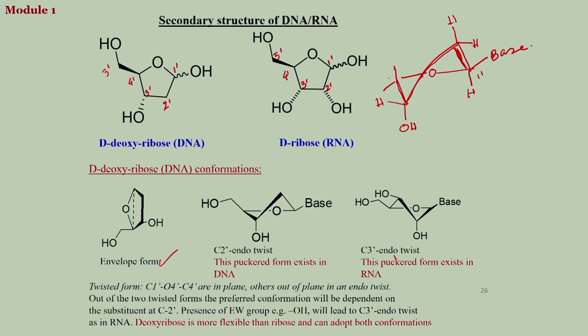So, up the plane is kind of axial, equatorial is H. So, this would be the pucker conformation of the deoxyribose if you twist it at the 2 prime end, and this is known as 2 prime endo twist.